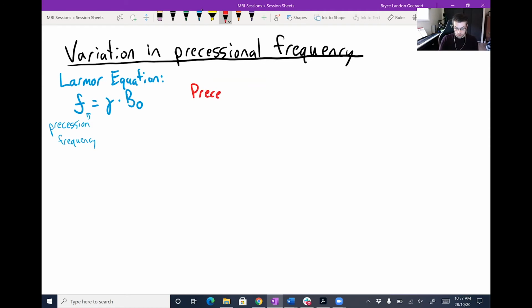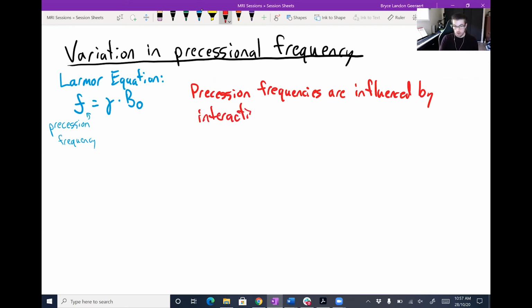So precession frequencies, and this is the main principle of this slide that I'm drawing here, precession frequencies are influenced by interactions with other nearby protons.